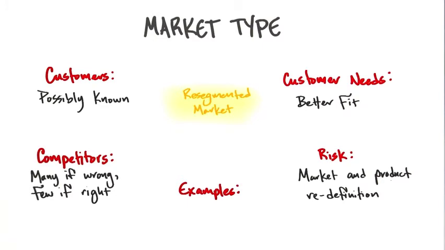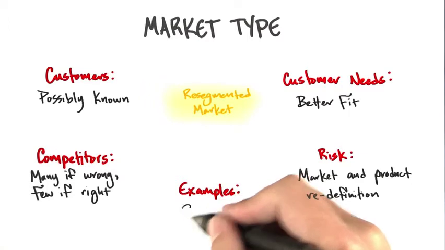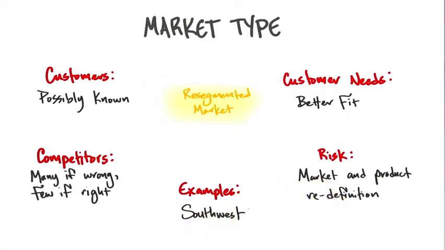You didn't do enough customer discovery, and you say, no, this is how we're going to enter this existing market. We're going to go after these set of users specifically, and oops, you were wrong. A great example of this is what Southwest did. Southwest took on the airline industry by breaking up the traditional hub and spoke model and providing just very limited services, but for an extremely low price.